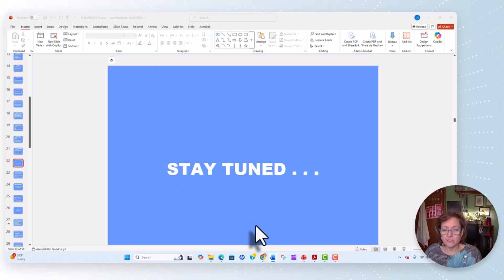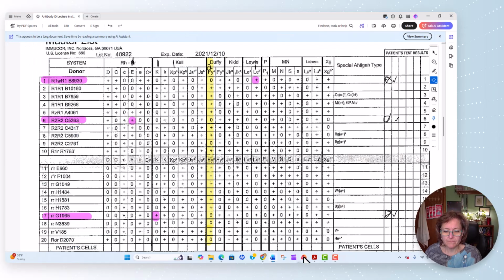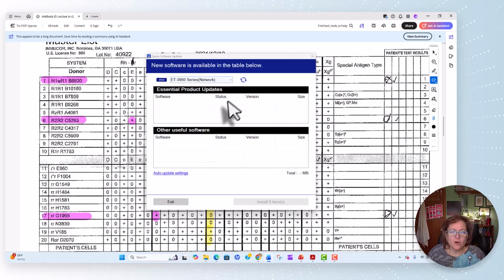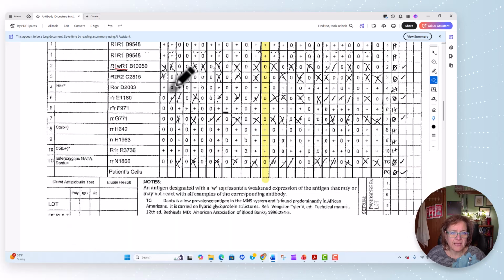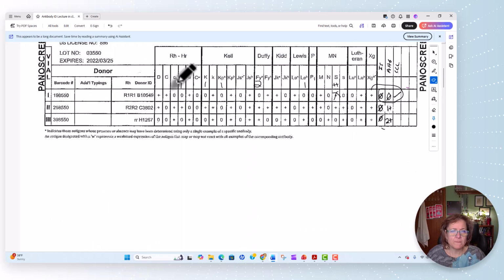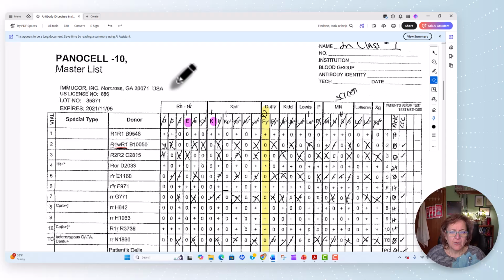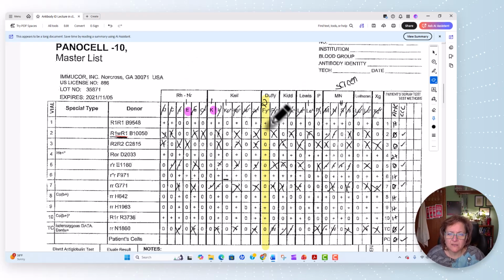So going back to this. Oops, we don't care about the software right now. Going back to this, we actually were able to rule everything out except for the KPA. So going back up through here, we had at least 2 cells that were positive, at least 2 cells that were negative, no unexplained positive.